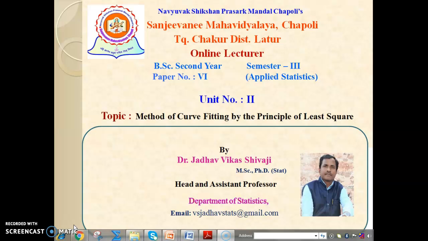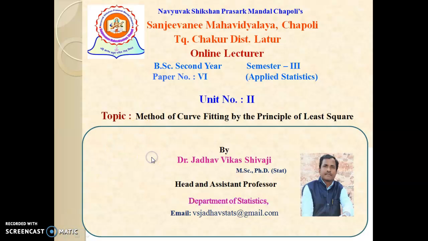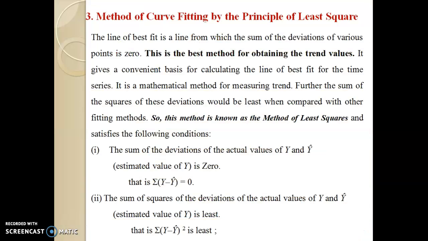The method of principle of least square is one of the very important methods for calculating secular trend. With the help of the method of least square, we can fit a straight line trend. The line of best fit is a line from which the sum of deviations from various points is 0.